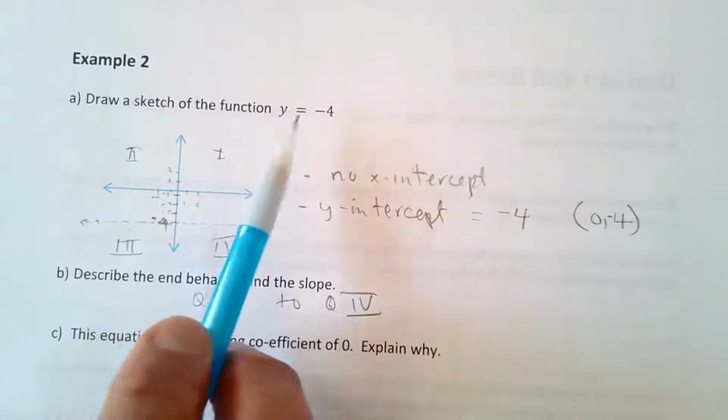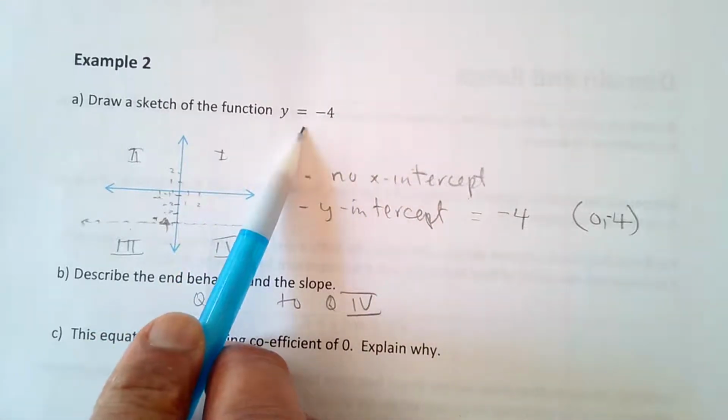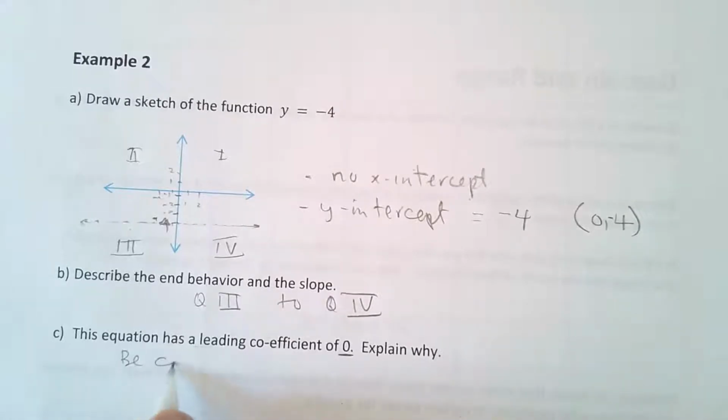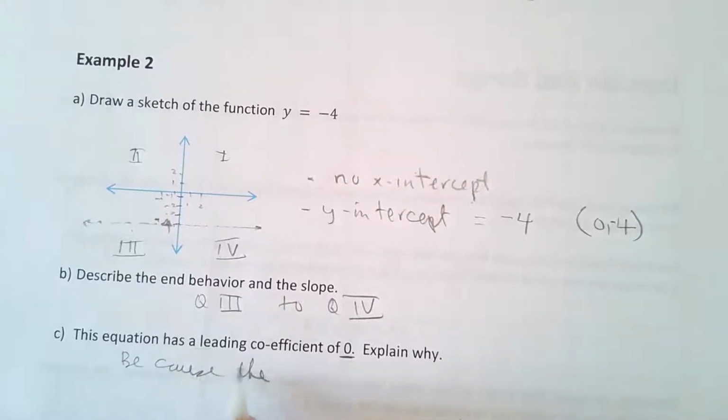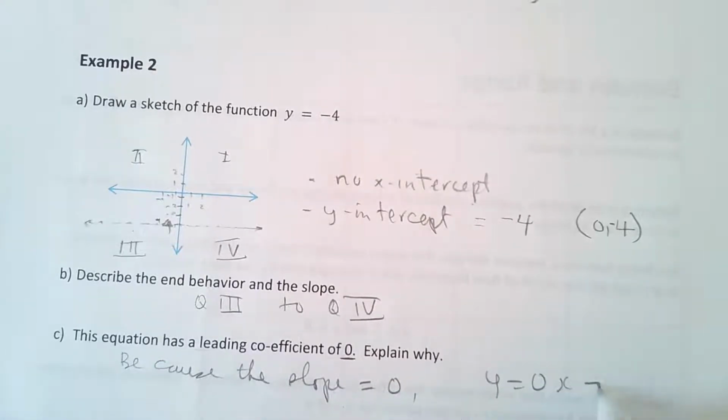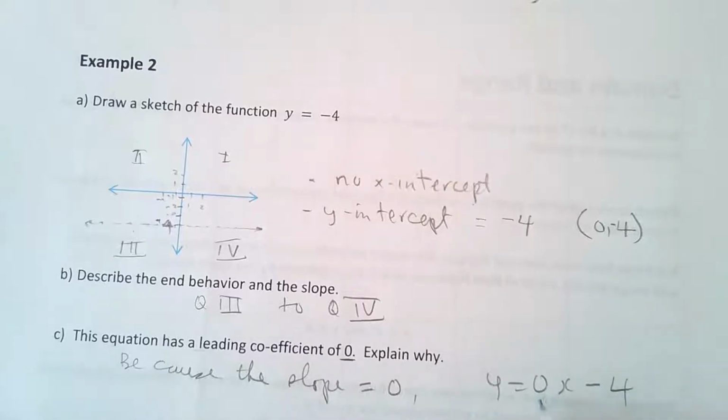Now, is there a sign of a leading coefficient? No, because there's no slope. The slope is 0. So this equation has a leading coefficient of 0. Why? Because slope is equal to 0. So y is equal to 0x minus 4 is my equation.